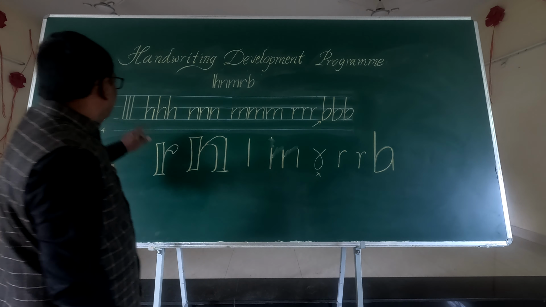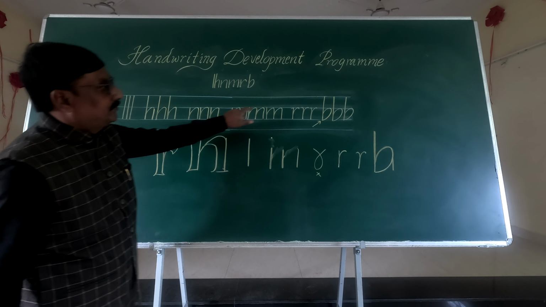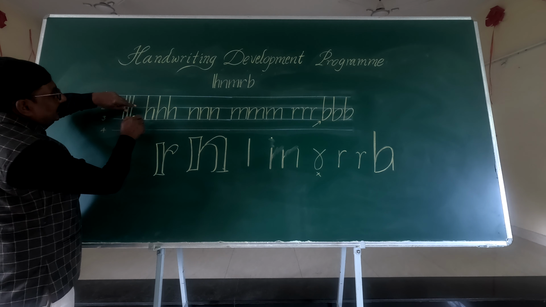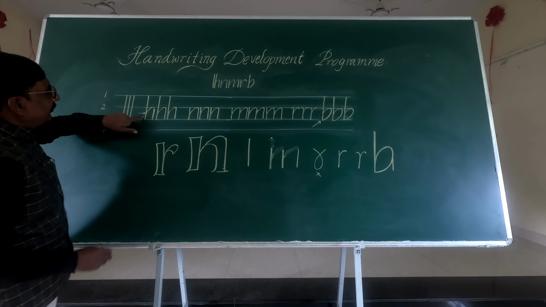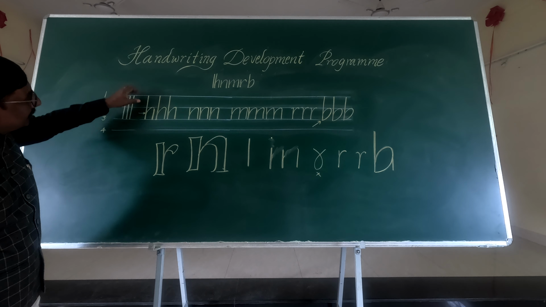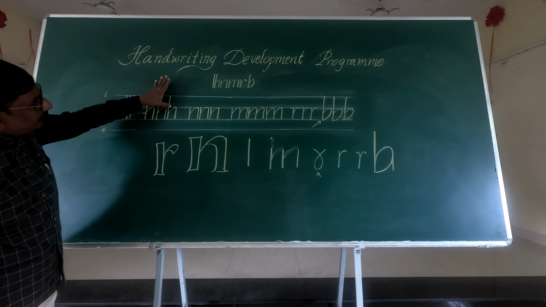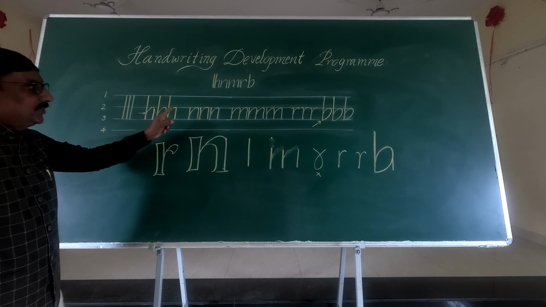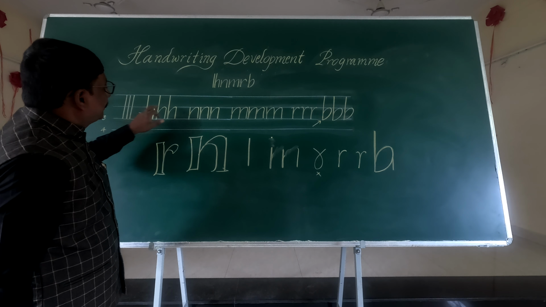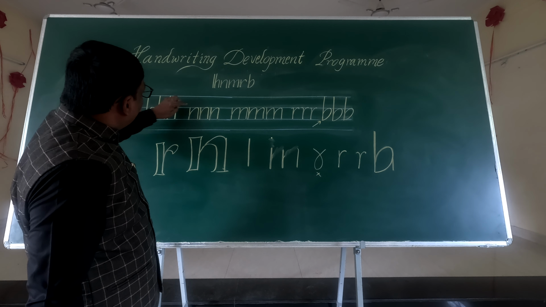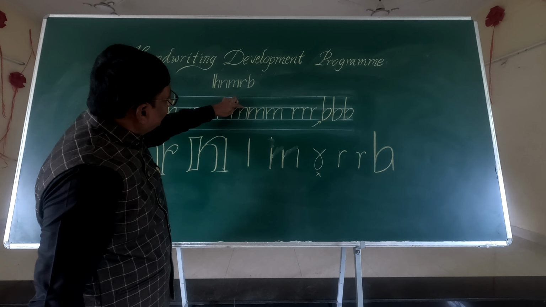Okay. So L, H, N, M and B. When you are writing the letters, here you see, when we are dividing at the middle of the middle zone, when we are giving the turning, there is a gap. A gap will appear while writing H, N, M and B. You see, here the small triangular shaped gaps are there.